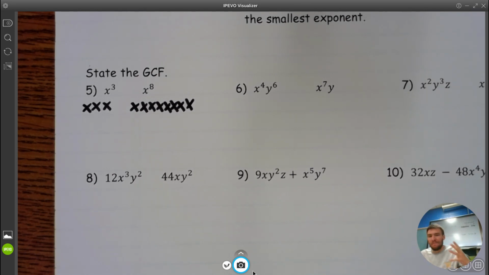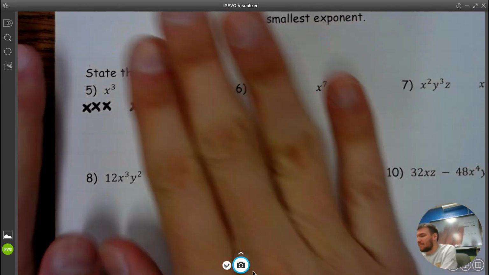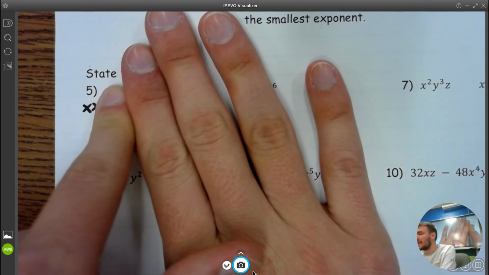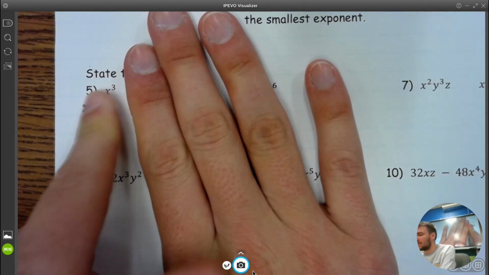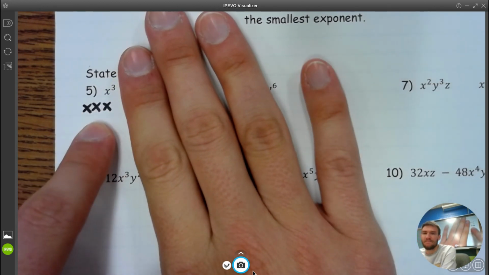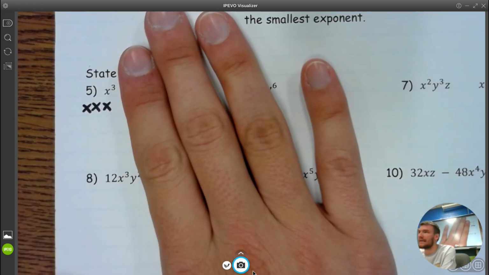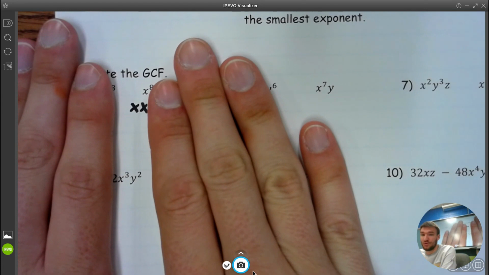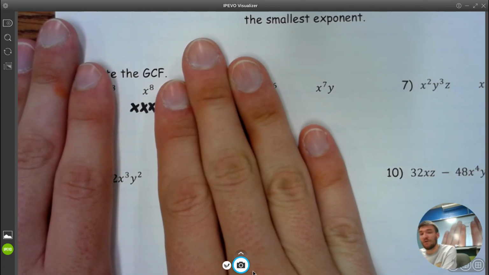And we're trying to figure out the greatest common factor, which means how much could both of these people kind of give away? For example, the first person, they could give away 1x if they wanted to, they could give away 2x's if they wanted to, or they could give away 3x's. But could they give away 4x's? No, they've only got 3. Okay, pretty simple. This other person could give away 1 or 2 or 3. Could they give away 4x's?